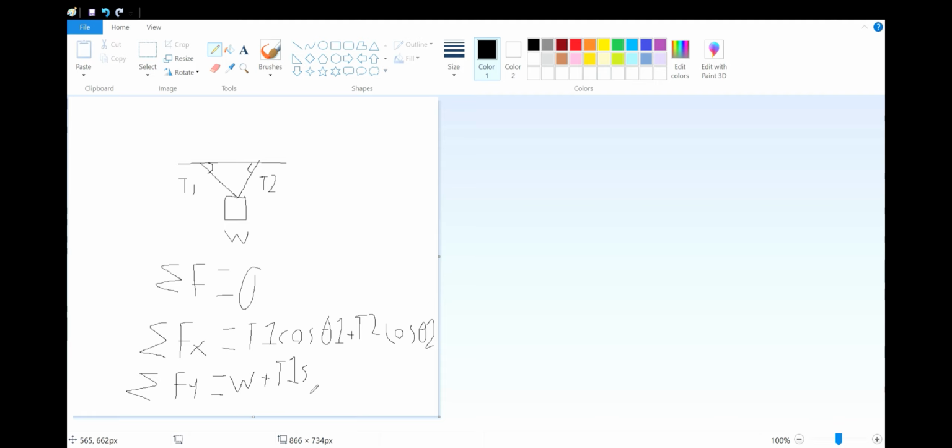We now add up along the other axis and state tension 1 sine theta 1 plus tension 2 sine theta 2 plus weight equals 0 and equals the summation along the y-axis.